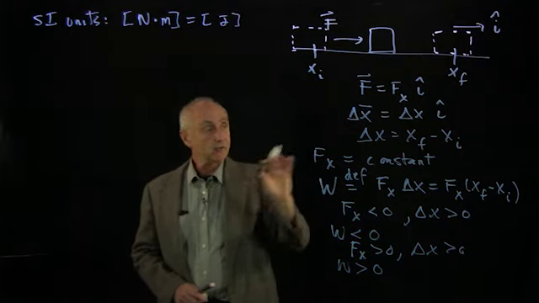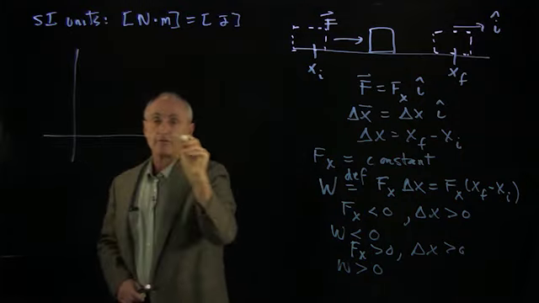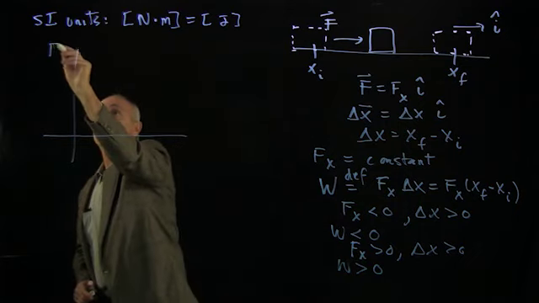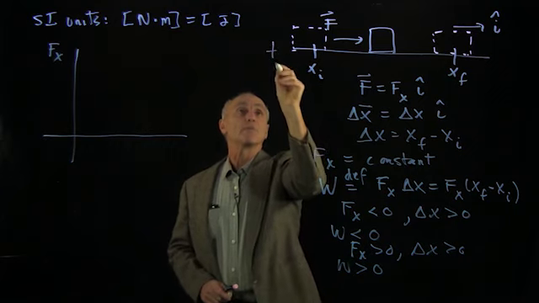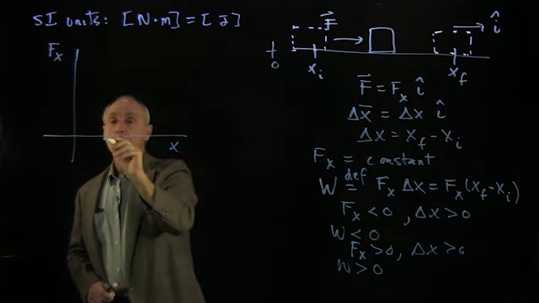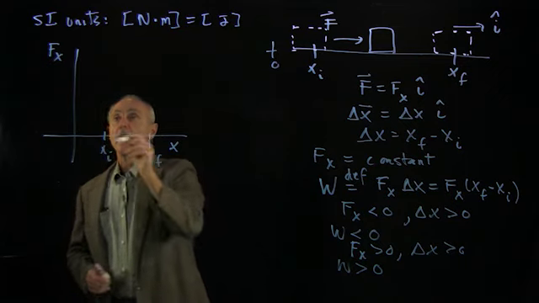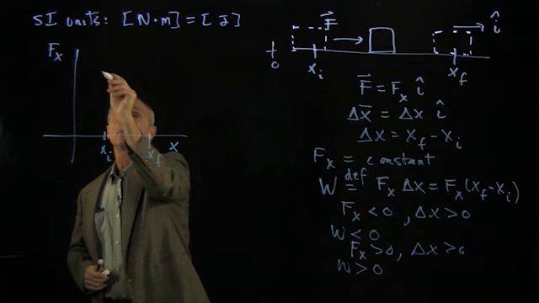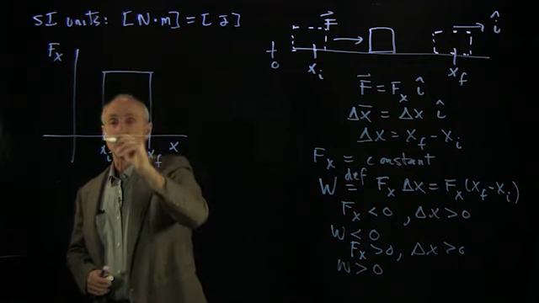Now, graphically, we can make an interpretation of this. Let's draw a graph of force, the x component of the force, and here, if we had some origin, we'll have x. And our object is starting at x initial, and it's going to x final. And throughout this process, we're assuming that the force is constant.